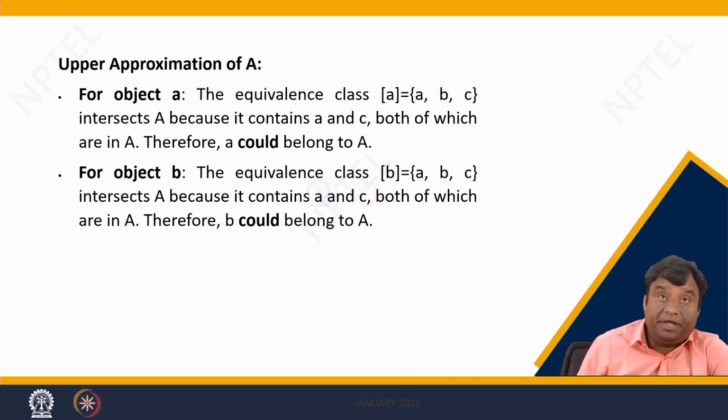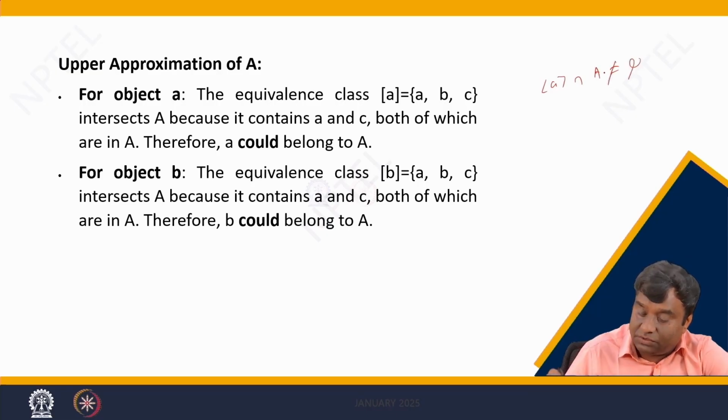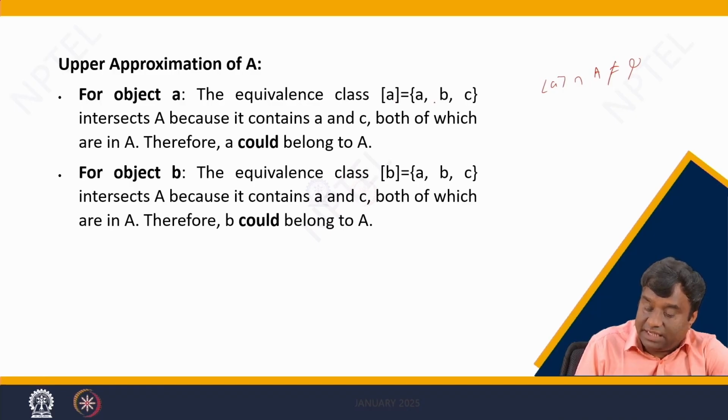For the upper approximation, the intersection with the target set should not be equal to the null set. The target set is {A, C}, so the intersection is not empty, so A could belong to it.